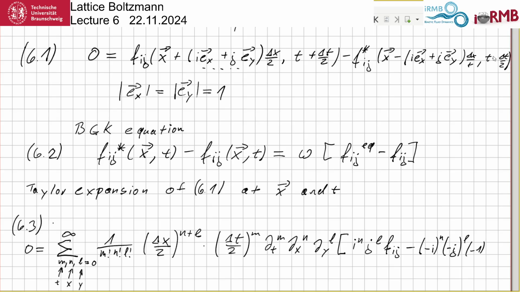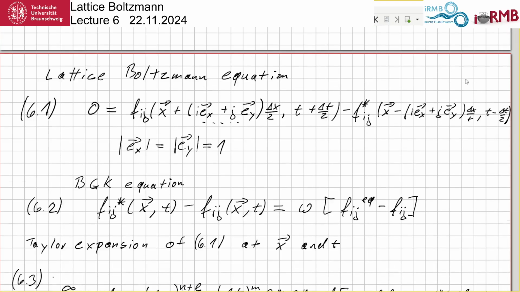And this goes into F_ij after collision. So if you allow me, let me just remind you that this here is pre-collision and this here is post-collision in our nomenclature.